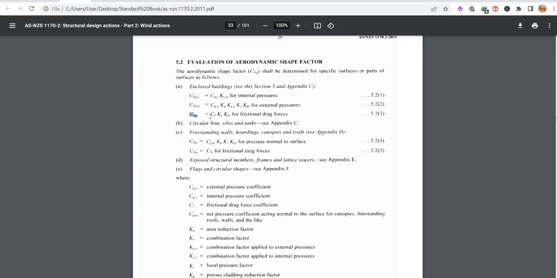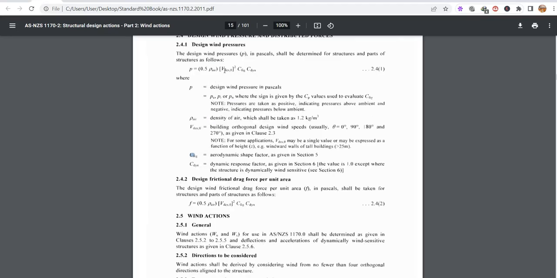These are the coefficients that we're going to multiply with the formula, times Cdyn, which is already 1, to get the maximum wind pressure for windward, sideward, leeward, and also for the roofing. So I've put everything in Microsoft Word.